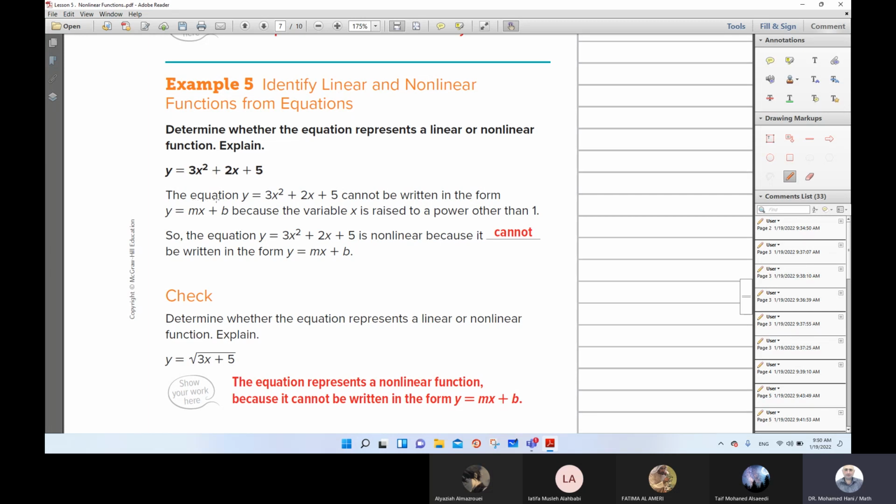This means the equation cannot be written in the form y equals mx plus b, because the variable x is raised to a power other than 1, as you see, 2. So the equation is non-linear because it cannot be written in the form y equals mx plus b.